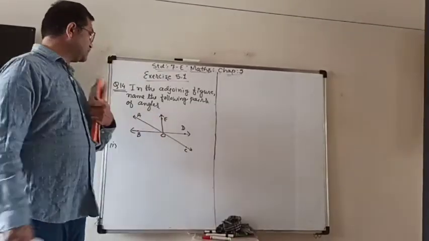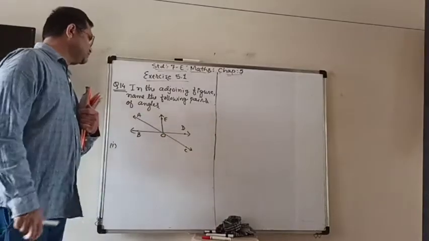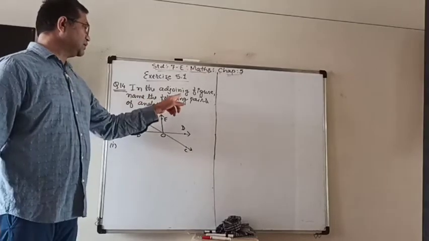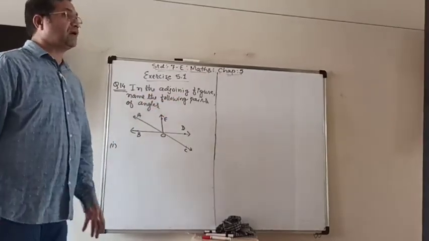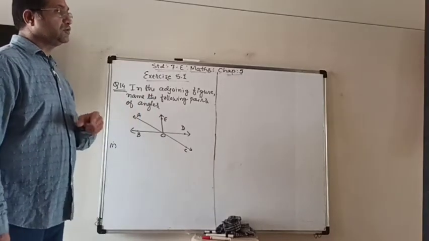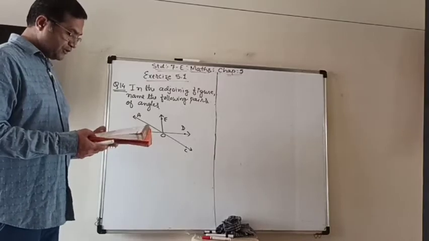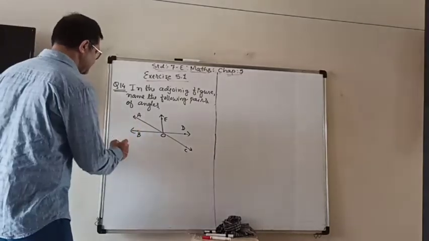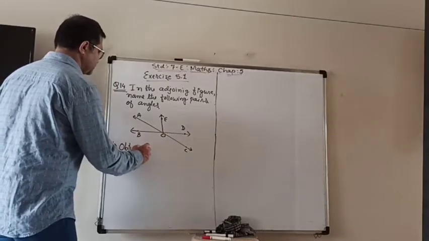Now question number 14, in which the figure is given and from the figure we have to name the following pairs of angles. It means they gave some requirements that we have to check from the figure and write down the answers. First pair is obtuse vertically opposite angles.